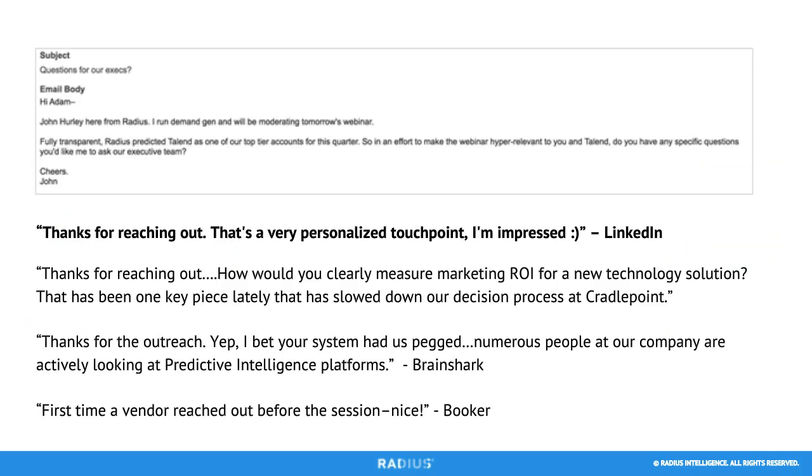So when the 20 or so target accounts that attended the webinar came in, they sent a personalized message to them and were really honest with them: "Hey, we're reaching out because you are a key account of Radius, and we want to help make sure any of your questions are answered on this webinar." They got an amazing amount of responses and engagement with that high-touch approach.